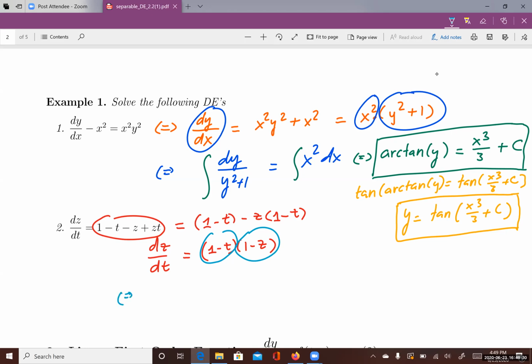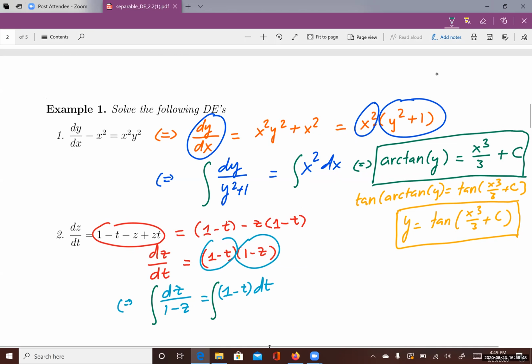So then I move 1 minus z to this side, right? dz over 1 minus z equals 1 minus t times dt. And again, you integrate both sides to get the integral of 1 over 1 minus z dz, which is natural log of 1 minus z.